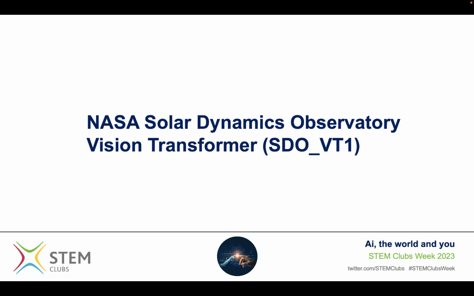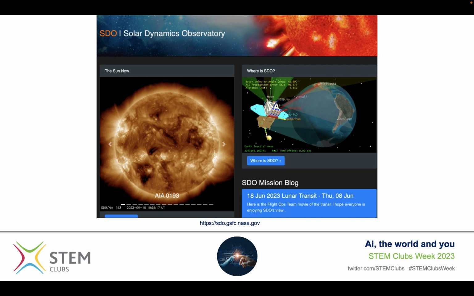To give you an example, I can demonstrate one of my transformer models that's on that platform that I created for the NASA Solar Dynamics Observatory. This transformer is called SDOVT1, and it's focused on classifying Solar Dynamics Observatory data. What that means is there's a spacecraft called the Solar Dynamics Observatory. It's positioned so it monitors the sun 24/7, and NASA collects data from the sun.